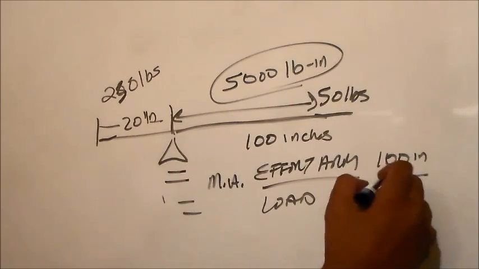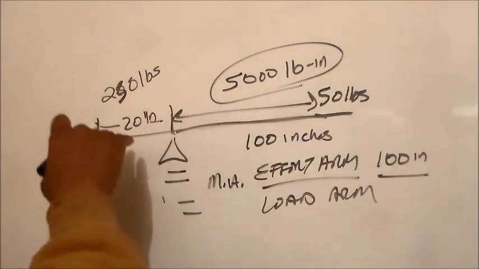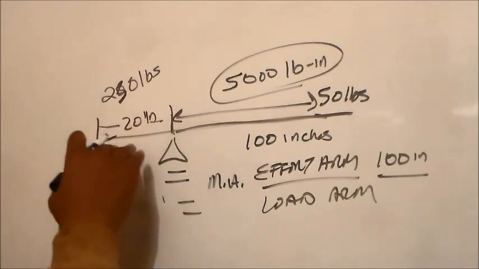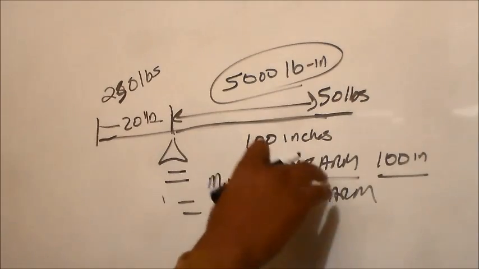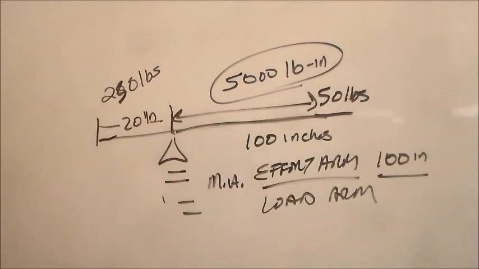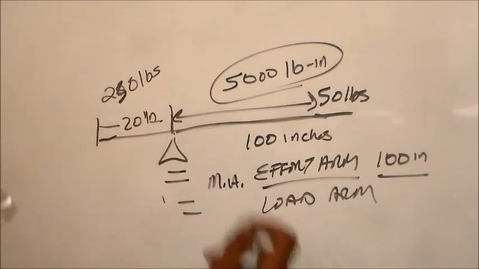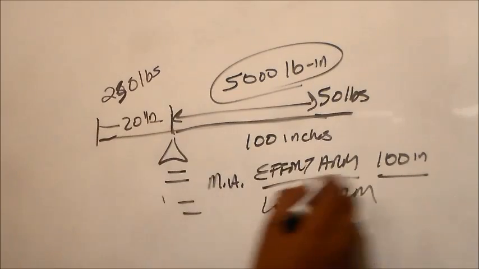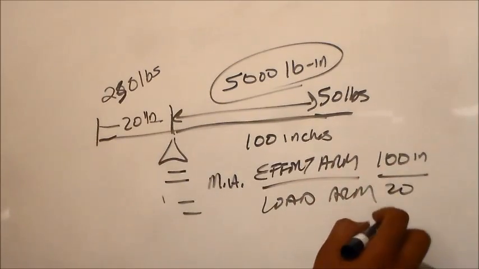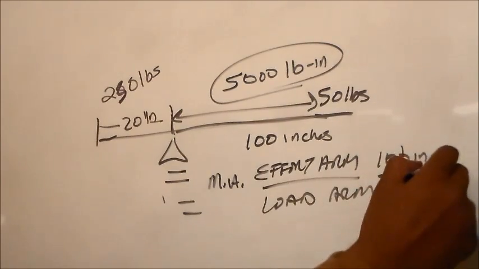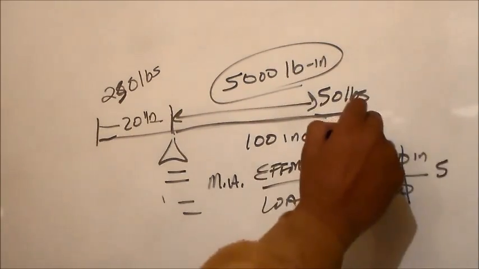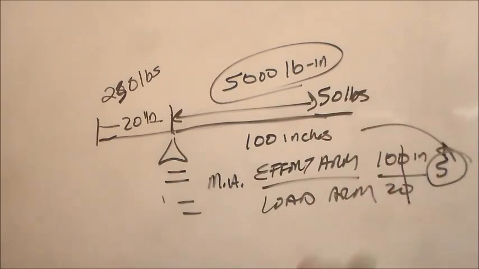The load arm, because this guy is trying to balance with this guy, he's way heavier. So the lighter guy has got to be like, I'm putting in the effort, this guy's the heavy load. And this guy is just 20 inches. So I chop the zeros off, and then reduce, 5. That is my mechanical advantage of the system.